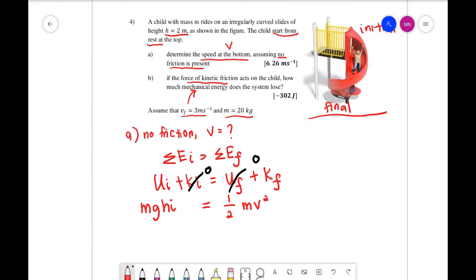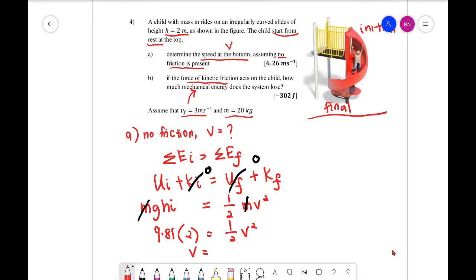So both equations have m, so we can cancel m. So we don't need the value of m for part A. Then we can substitute g, hi, height initial is 2 meter. And then V is the unknown that you have to find.